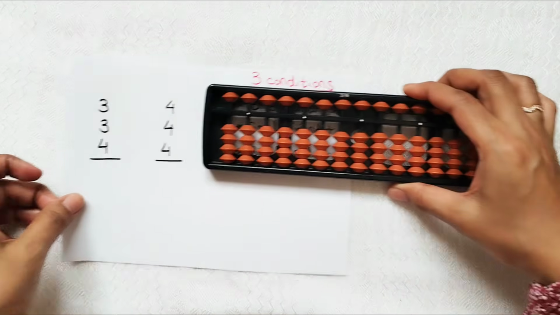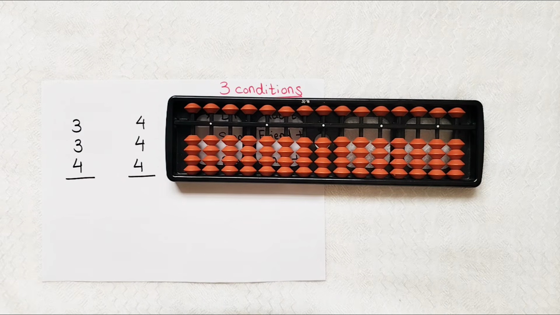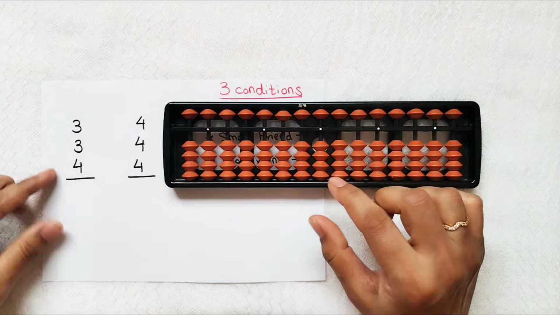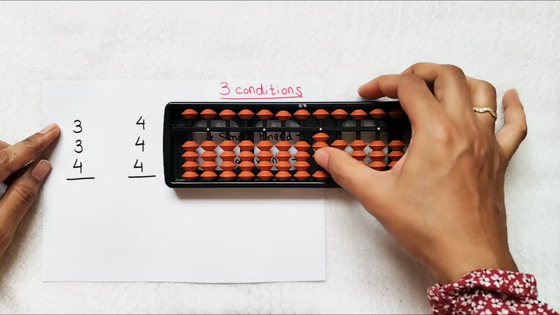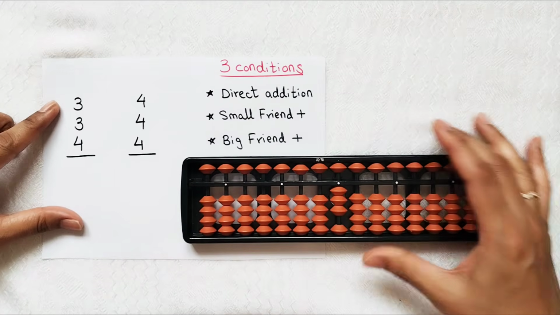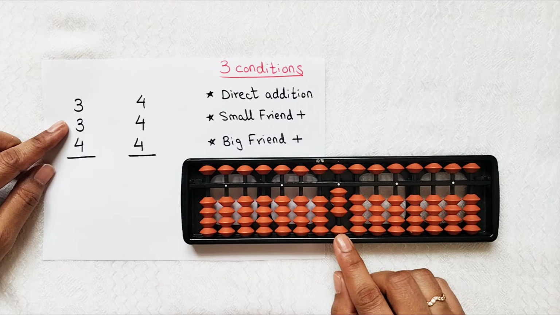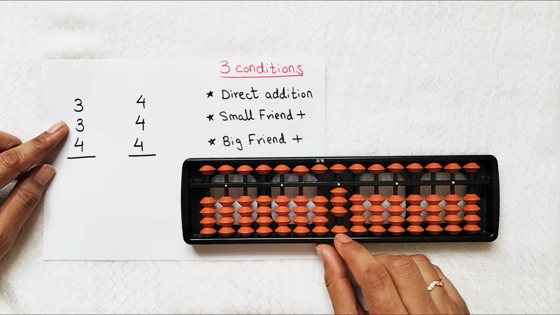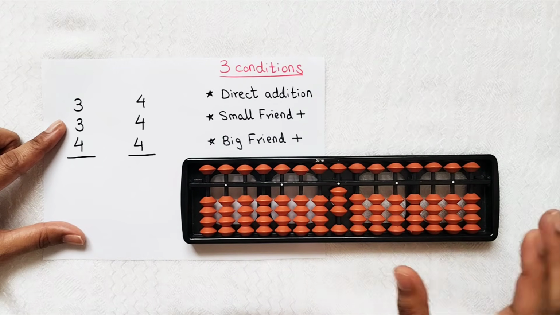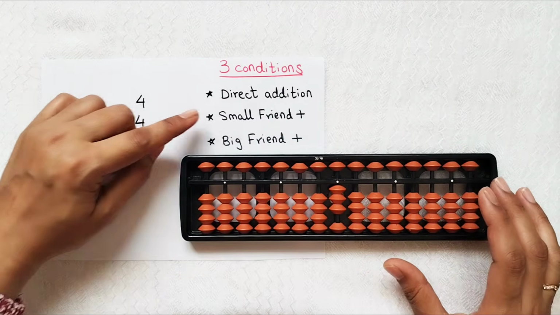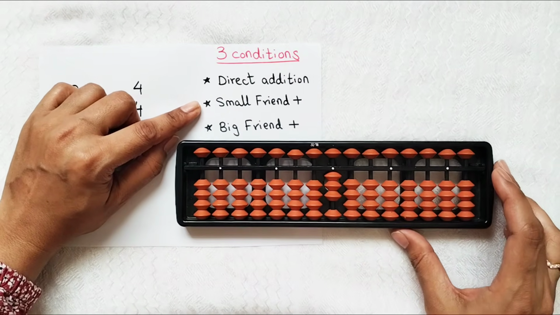Let us start. The first one, 3 plus 3 plus 4. So first I place the number 3 here. Now 3. So direct 3, is it possible? No. Can I do direct addition? No. So direct addition is not possible. So the second thing is I have to look for small friend.